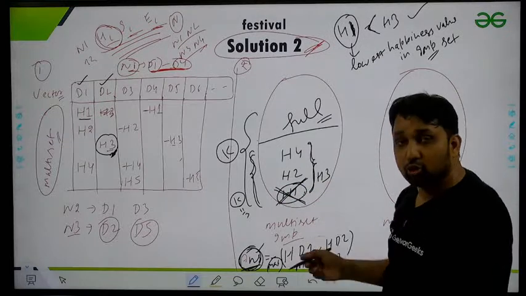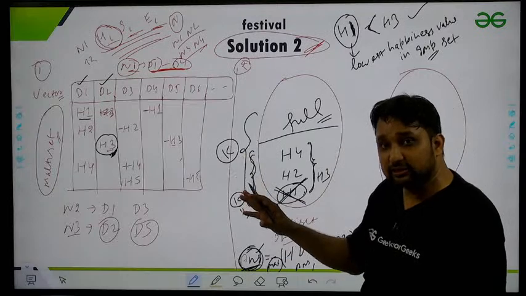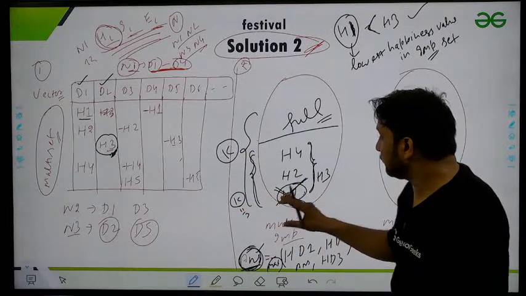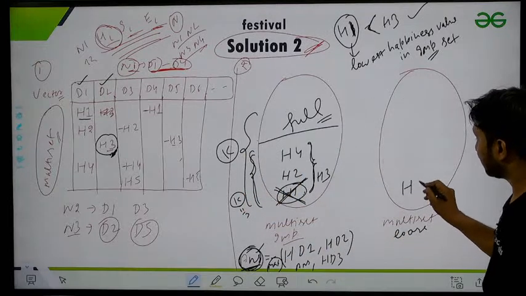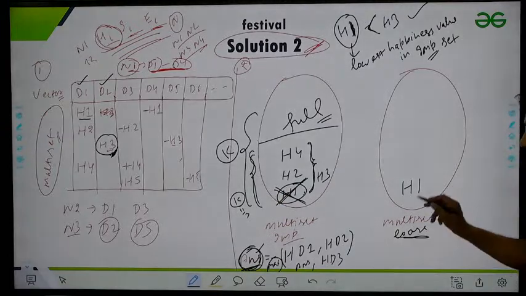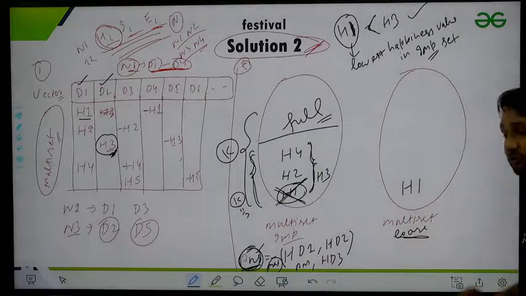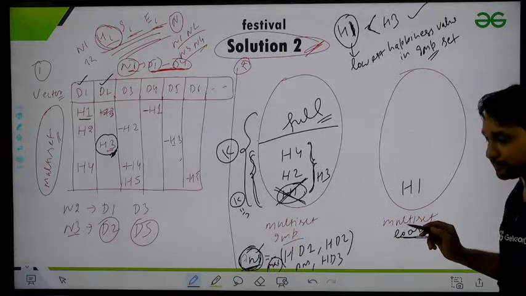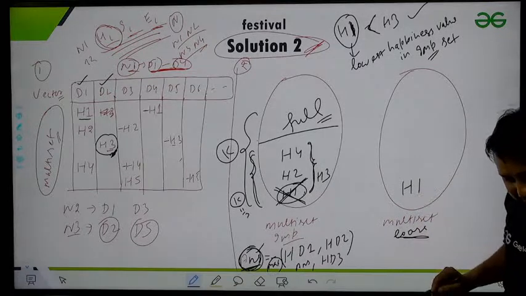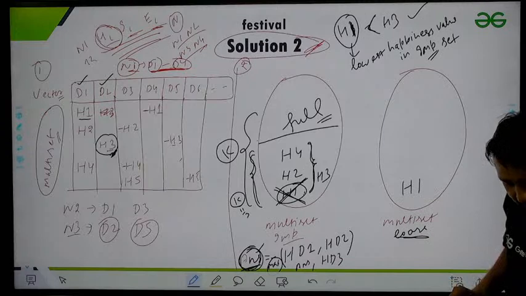Actually, we will not throw this H1 out of this multiset. We will store this H1 here in this loose set. Why are we storing this H1 in the loose set?